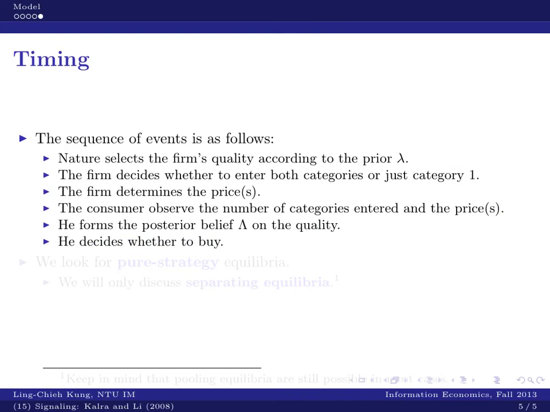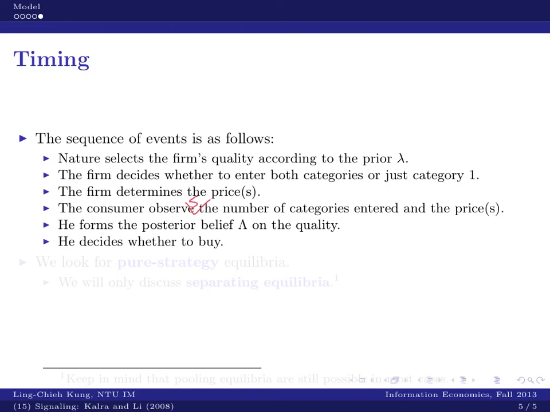So we need to specify the timing. First, nature will select the firm's quality according to the prior belief, and then the firm will decide whether to serve both categories or just specialize in one. And then the firm will determine the price or prices. After all of this, the consumer is going to observe the number of categories and the prices.